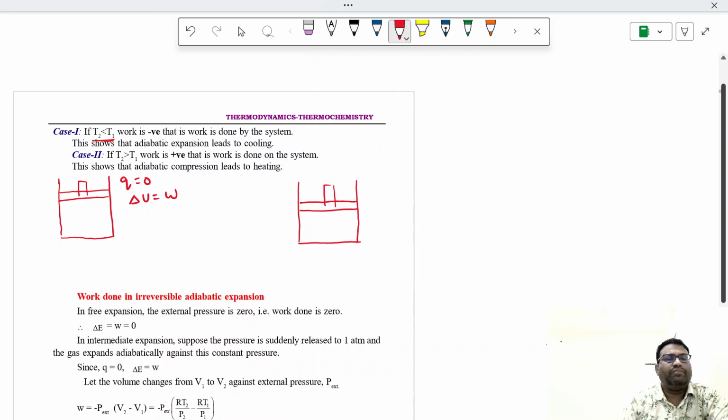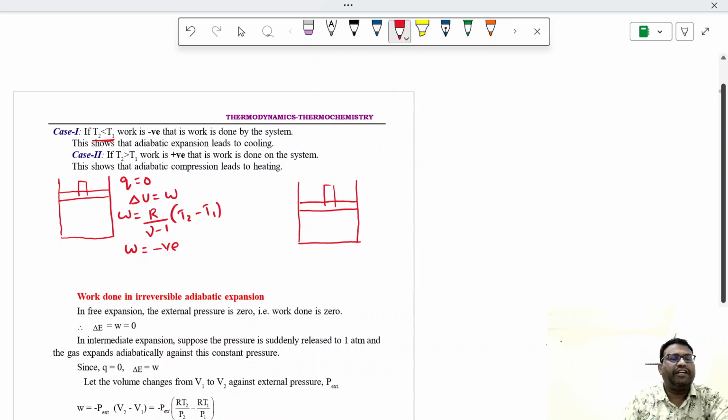So the work done formula, normally we have seen that W is equal to R by (gamma minus 1) into (T2 minus T1). So if T2 is less than T1, then work done will be negative, because a smaller minus larger quantity gives you negative.